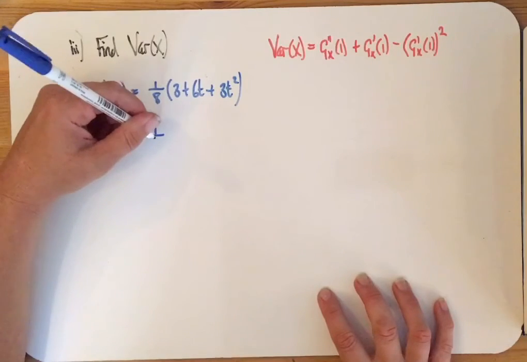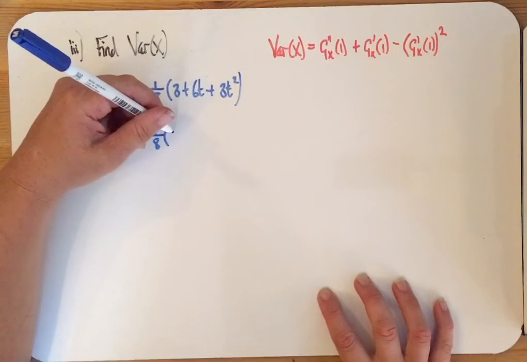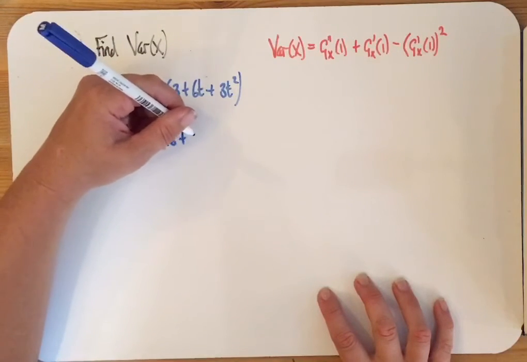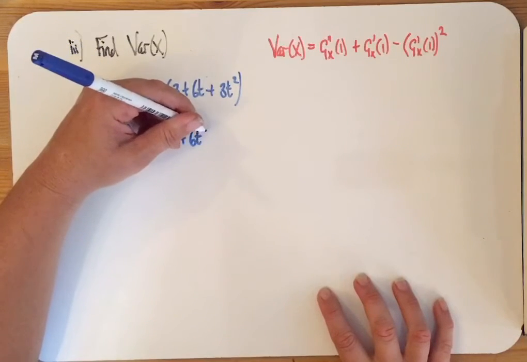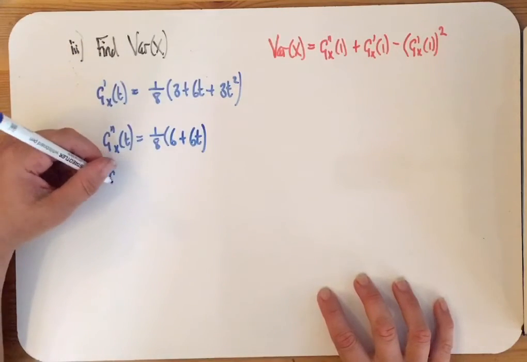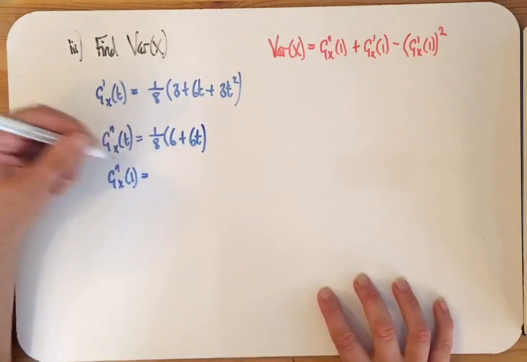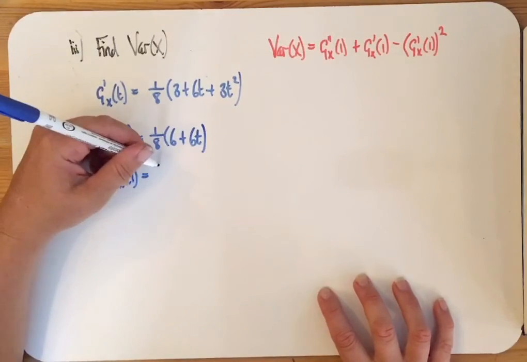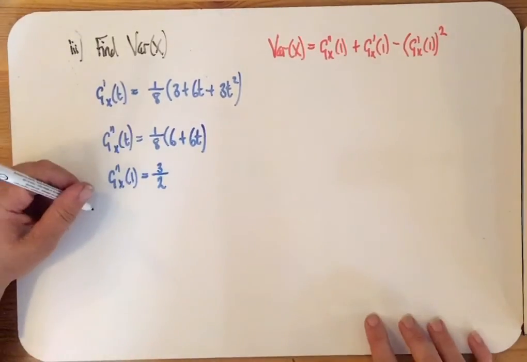Again, that 1/8 can just sit there. 3 disappears, 6t goes to 6, and then 3t squared will differentiate to 6t. And so we get 12 over 8, which is 3 over 2 again. That's the second derivative with 1 fed through.